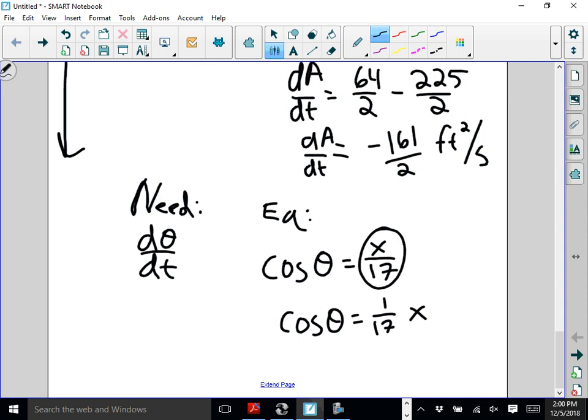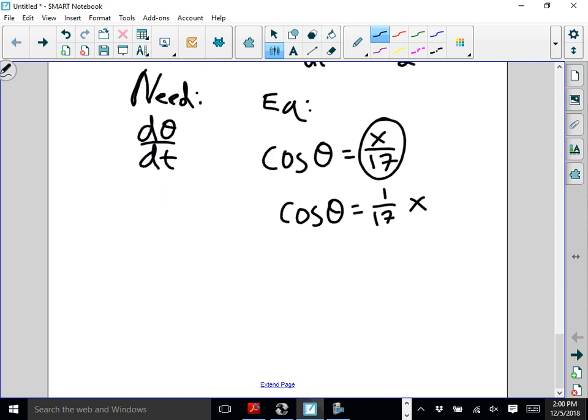Okay, so here I go. I'm going to do my derivatives along the way. Things we know: the derivative of sine theta is cosine theta. But the derivative of cosine theta is negative sine theta. So my derivative here ends up being negative sine theta. But again, I have to remember to tack on d theta dt.